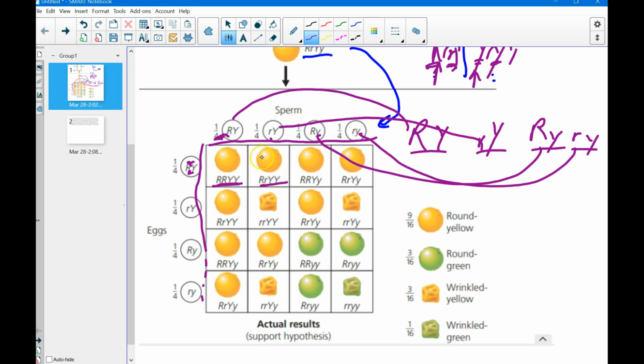So we just kind of go through it like that. Big R, big Y, small y, like that, and then so on. So it's kind of just like regrouping all the possible combinations of the R's and Y's, wrinkles and rounds. So basically down here, again, we have a small r, small y with a big R, big Y. Looks the same as this one right here.